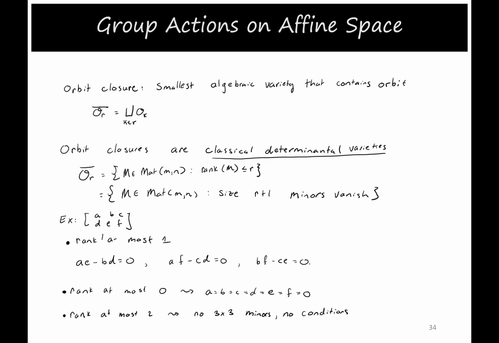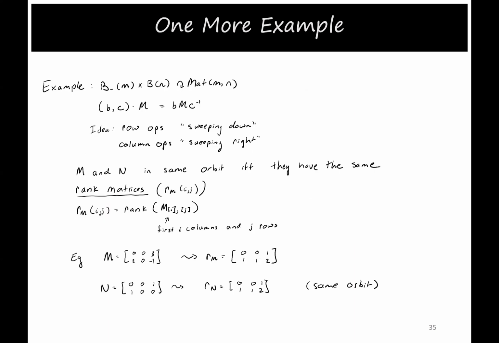They're often a testing ground in algebraic geometry and commutative algebra to try to prove things about these before you take on harder spaces. But let's look at one more example, and this is the one that's most relevant to our Schubert calculus world. It's a generalization of these determinantal varieties.